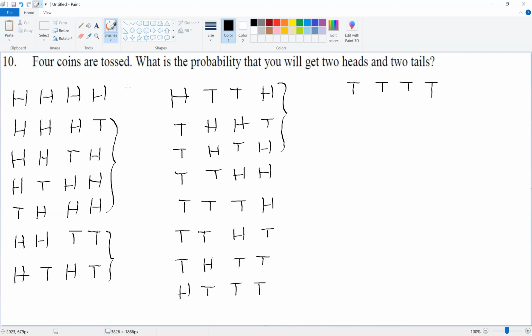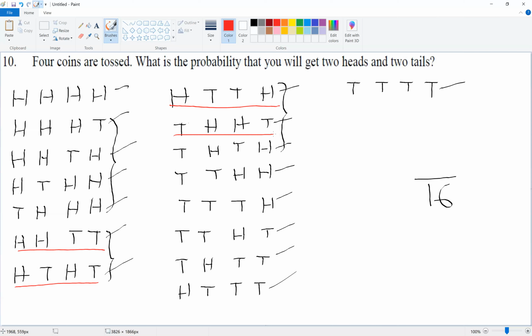Let's count: the total is 16. Out of that, there are 6 with 2 heads, 2 tails. So it's 6 over 16, which is 3 over 8.